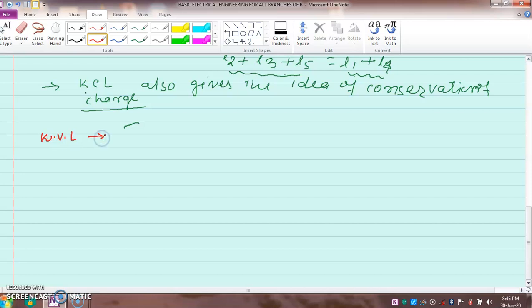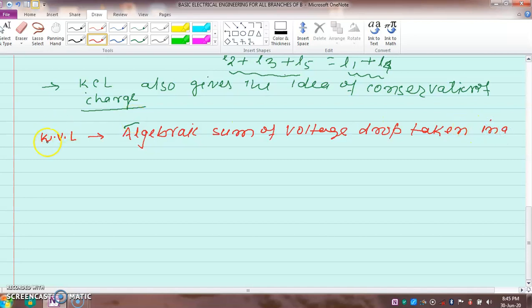This law states that the algebraic sum of voltage drops taken in a specified direction around a closed path is zero.